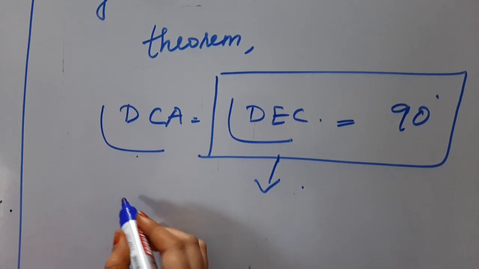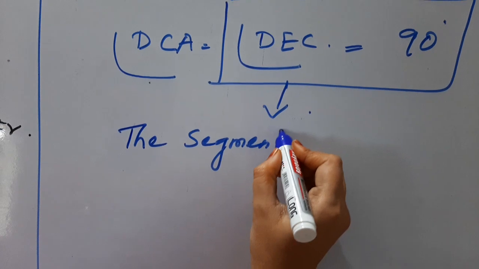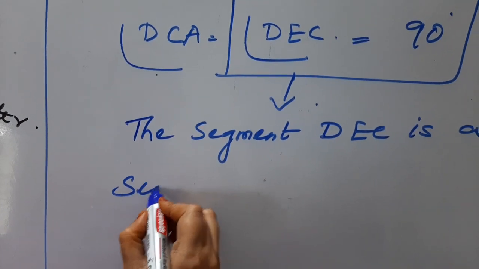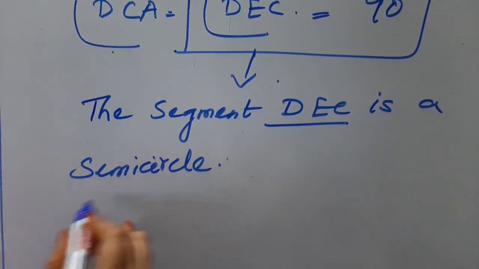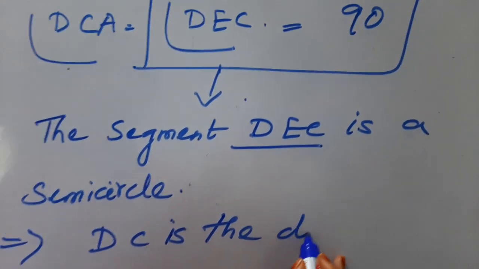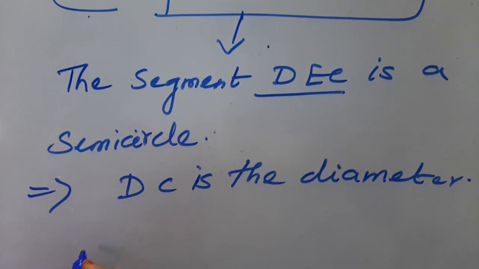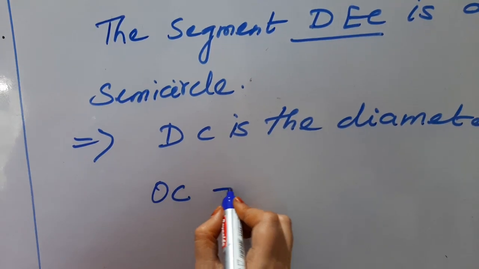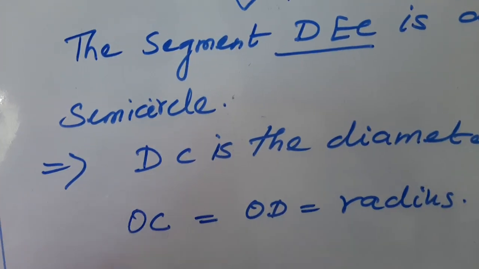This implies the segment DEC is a semicircle. If this segment is a semicircle, that implies DC is the diameter. If DC is the diameter, that says that OC is equal to OD is equal to radius.